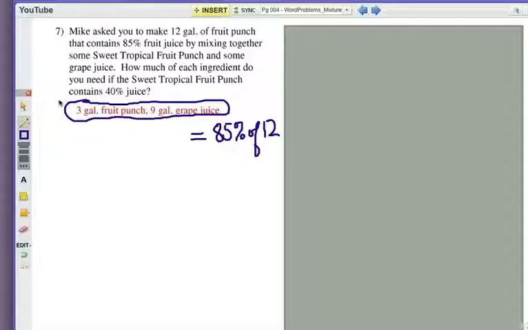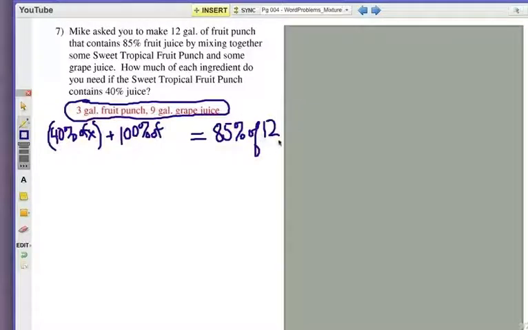First of all, sweet tropical fruit punch is 40% juice. So we've got 40%, and what is the amount here? We don't know. Let's call it X. So that's our first container. Now we're going to add that to grape juice, and that's going to be 100% pure. We have to interpret that correctly. It's going to be 100% of, now think about it.